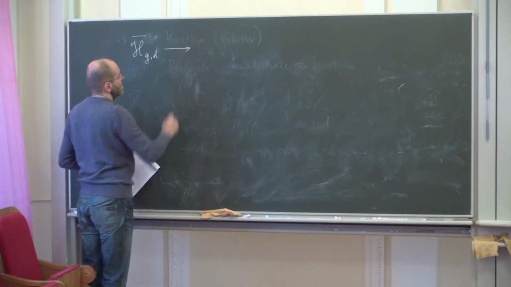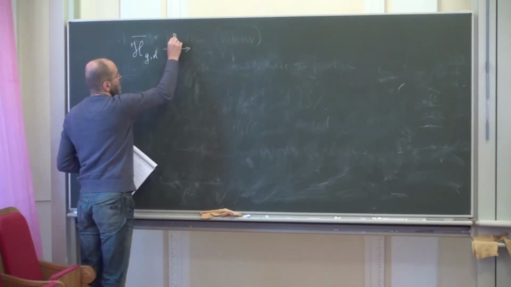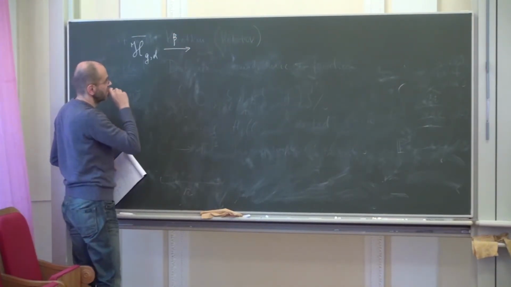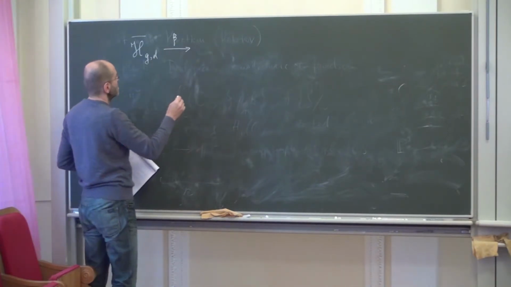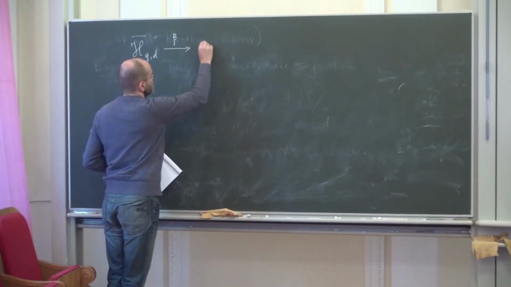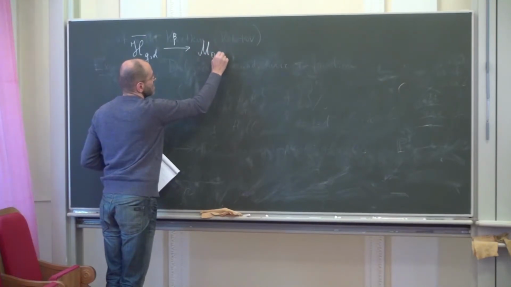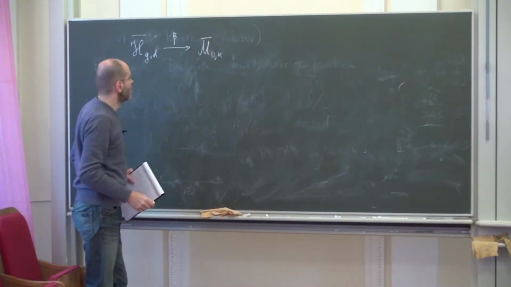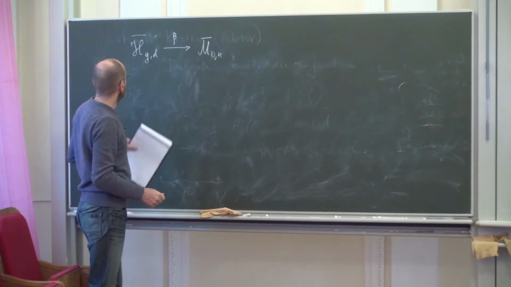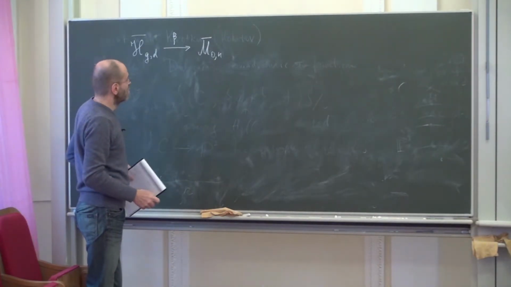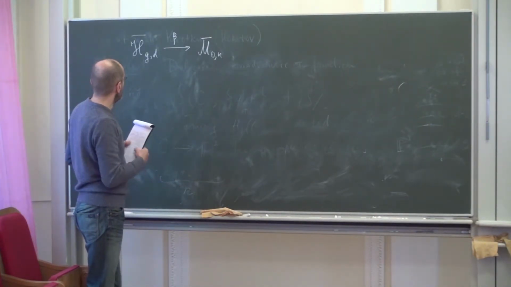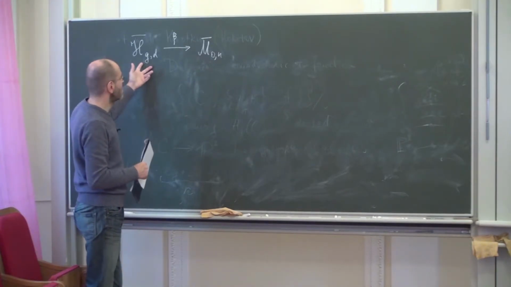One of them is the branch map that associates a point in the modular space M0,n of n-pointed rational curves to a point in the space of admissible covers.